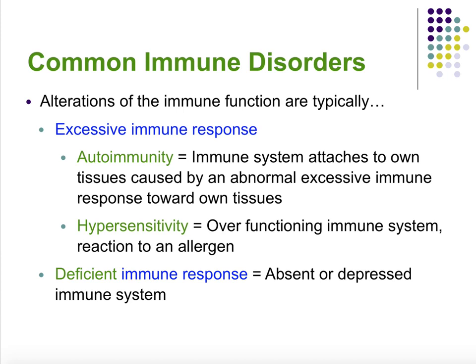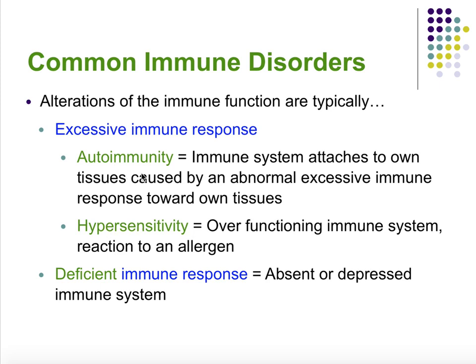All right, so now let's move on to some common immune disorders. Alterations of the immune function are typically either an excessive immune response or a deficient immune response. Two examples of excessive immune responses include autoimmunity and hypersensitivity.